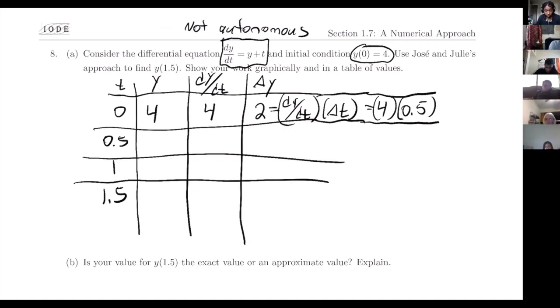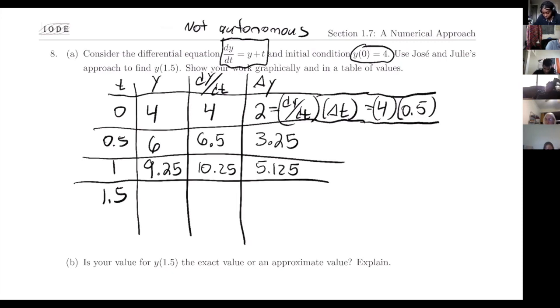So therefore, what's next? You add the 2 to the 4, so then you put a 6 in for the 0.5. And then you do dy/dt again, which is just 0.5 plus 6, so it's 6.5. And then you do the half again, plug it in again, add those together, and multiply by half.